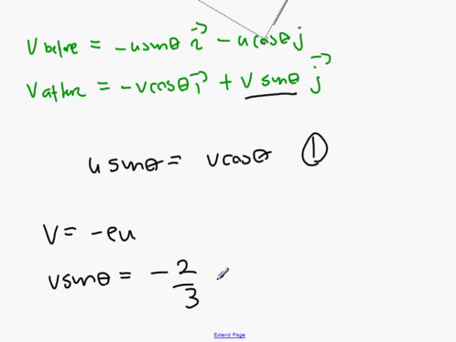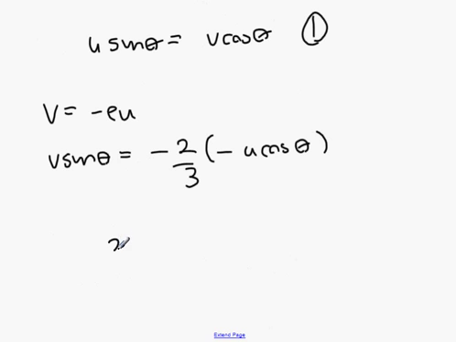What was your initial velocity in that direction? Minus u cos theta. We're next going to get that 3 phi sine theta equals 2u cos theta. Everybody see that?